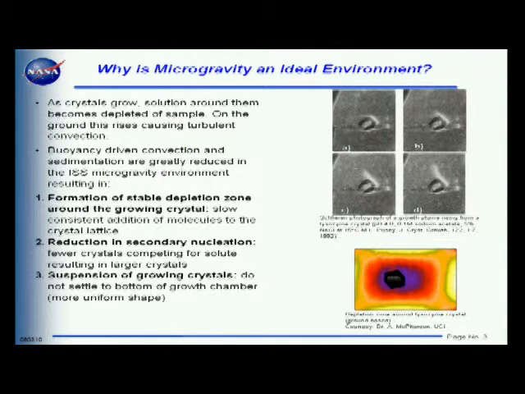This is the region where the density of the protein is depleted as those molecules are added to the crystal, and the more molecules are added, the lighter that region becomes, and with buoyancy-driven convection, that will rise up, as you can see the growth plume in photograph D here.